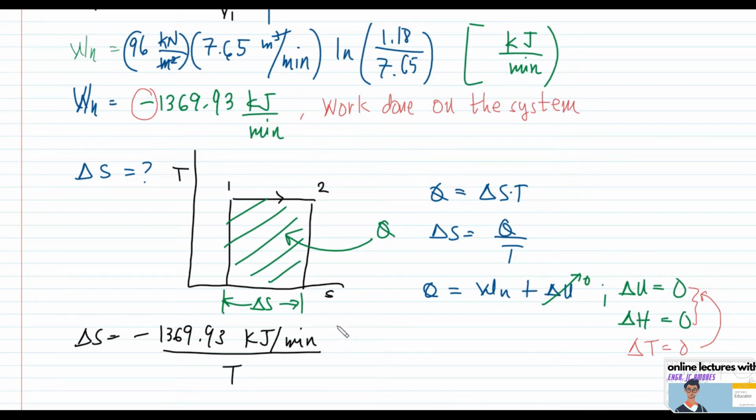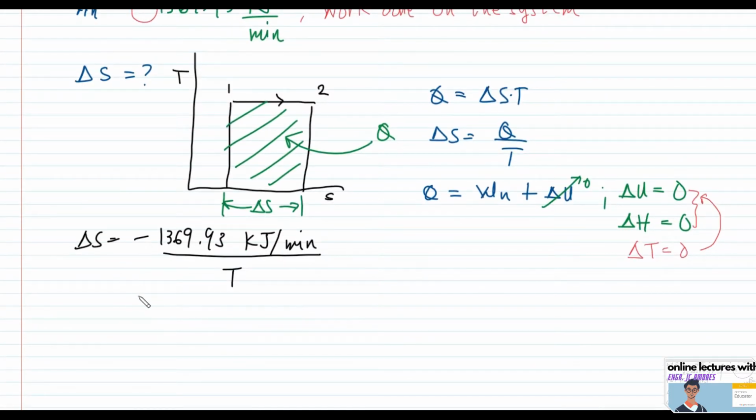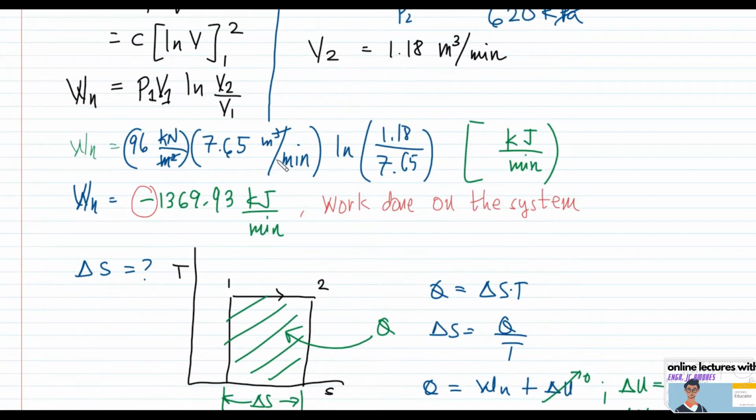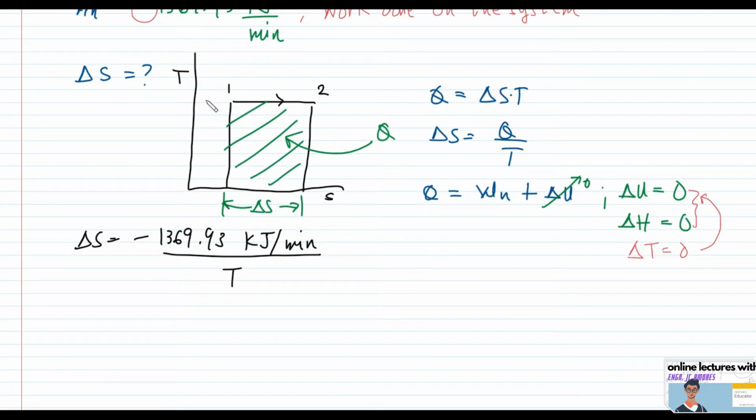But we don't have the T, or we don't have a temperature given. So a workaround for that problem would come from your non-flow work formula, which is P1 V1 times the natural logarithm of V2 over V1. Let's just write that down first.